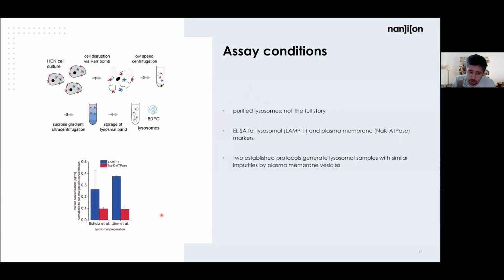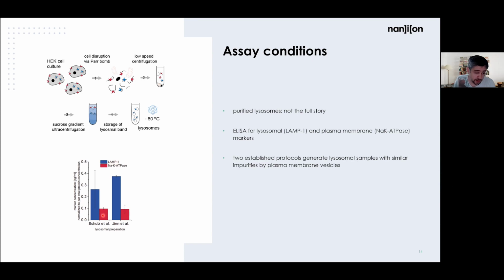But we also checked for lysosomal and plasma membrane markers of these purified lysosomal samples. And as you can see here, with both techniques, we get LAMP1 concentration, which is the lysosomal marker. So there is a decent amount of lysosomes there.